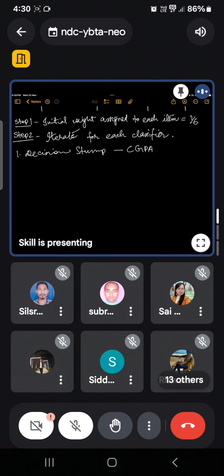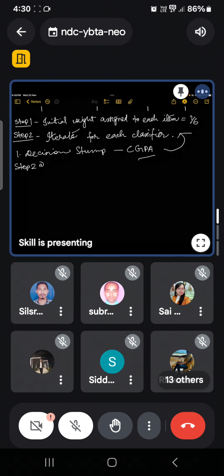First, we will take this. When we are taking the decision stump, we will repeat step 2. According to step 2, first we will take the decision stump.